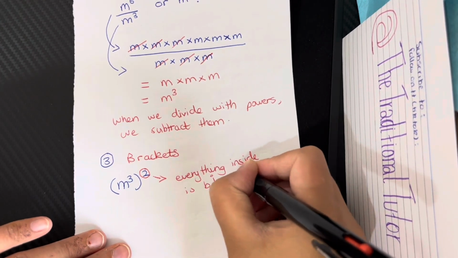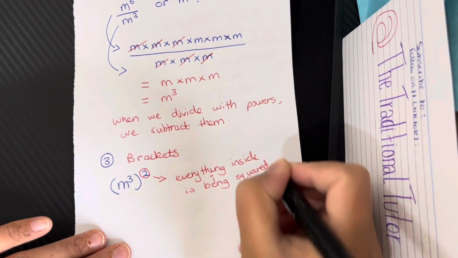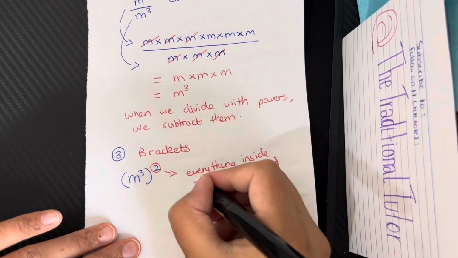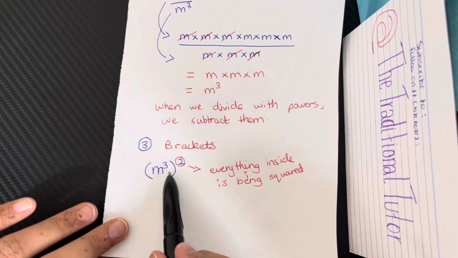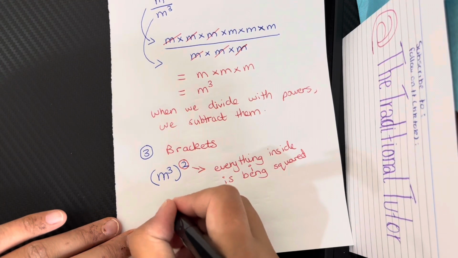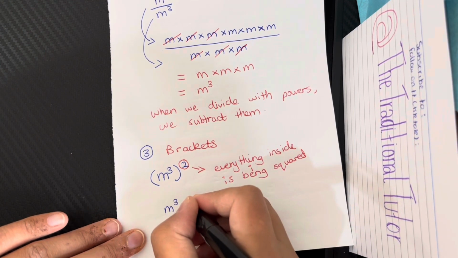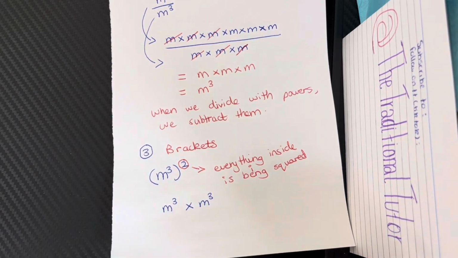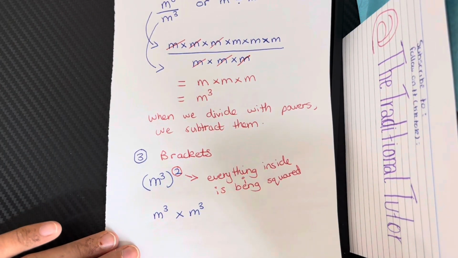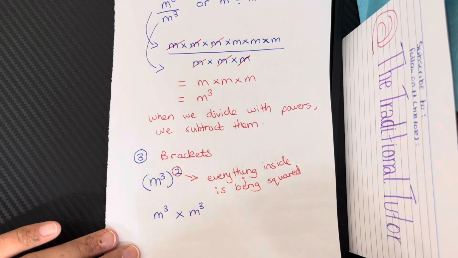Okay, and now we'll just take a look at what it actually means numerically, m cubed squared. That just means we've got 2 pairs of m cubed being multiplied together. So we've got m cubed times by itself twice. That's what the squared bit means.